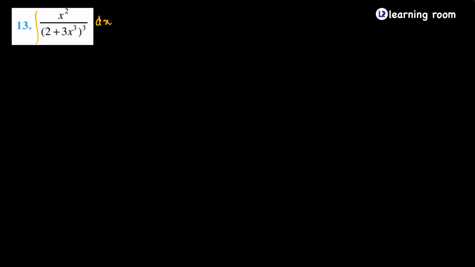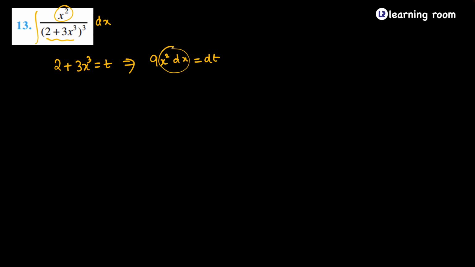So going back to this problem, if you observe, since the numerator x square is obtained by differentiating x cube, and you have 2 plus 3x cube in the denominator, take that as t. Which implies 9 times x square dx is equal to dt.